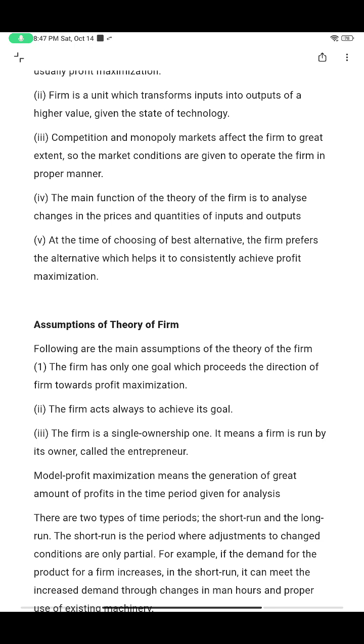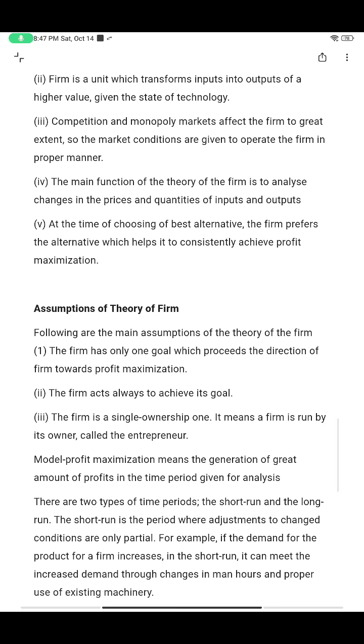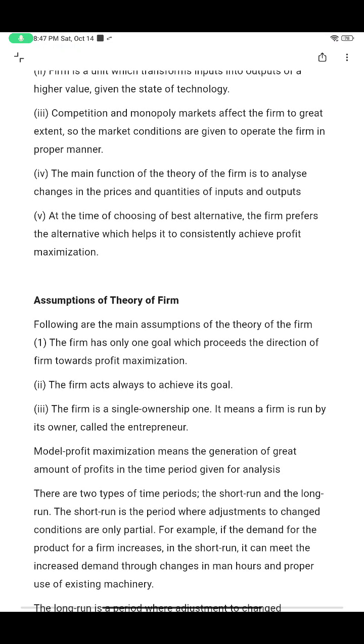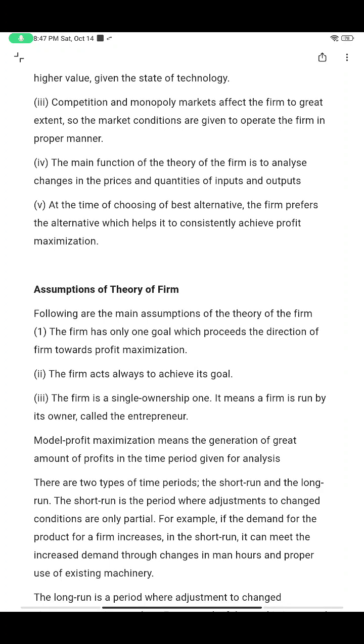So what is this? Earlier there was only one soap. So all these gels and the other soaps are substitutes of the original soap. So that is not a monopoly market. So monopoly means there will be no substitute for a particular product. So this monopoly and competition will affect the firm to a greater extent.